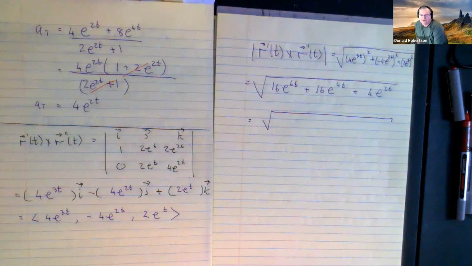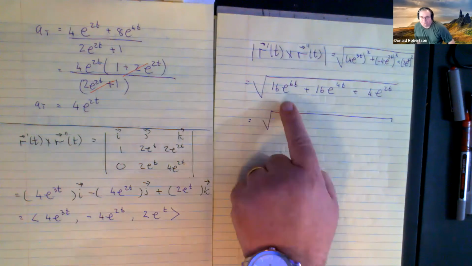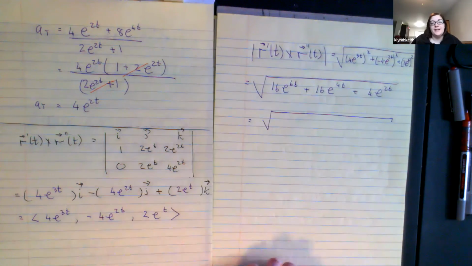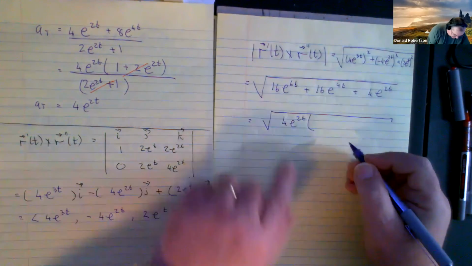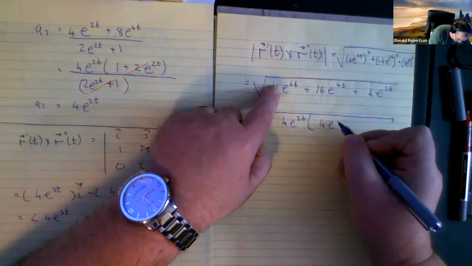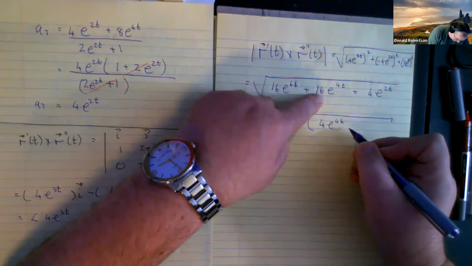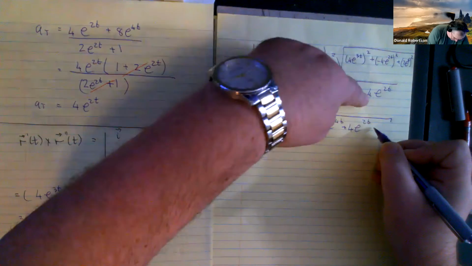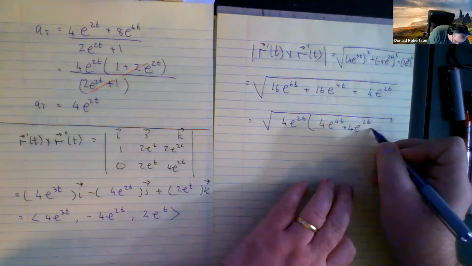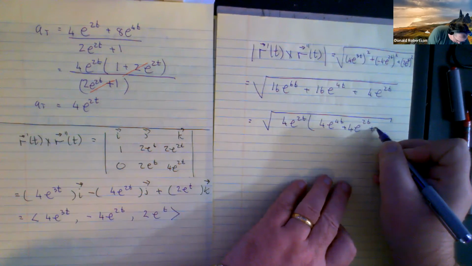Is there anything you can do in this expression? You can factor out a 4e to the 2t. That's the one I'm going to do. And that leaves me with 4e to the 4t. That one leaves me 4e to the 2t. And that guy leaves me just with a 1.